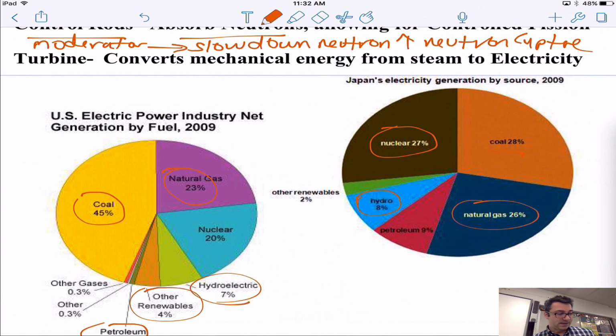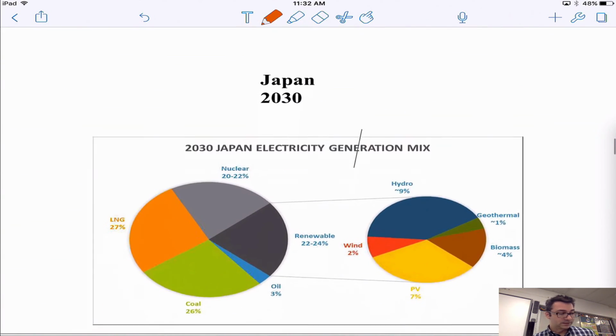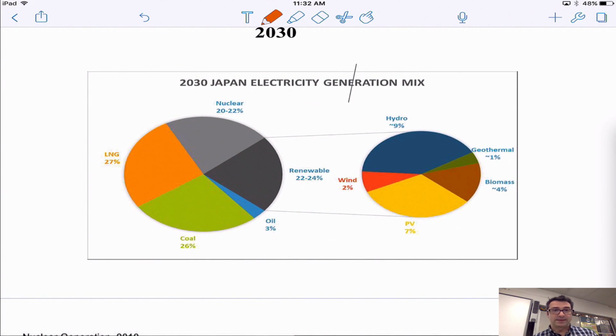Now their plan is by 2030 or so to completely look at their system and their power production differently. So they're hoping to scale back their nuclear program, and they're hoping to increase their renewable sources to almost 25%.